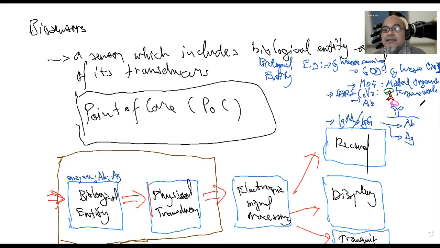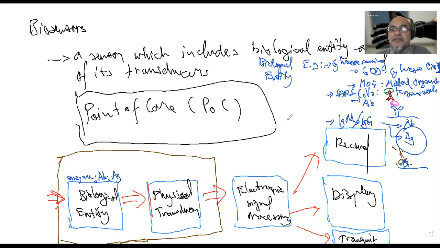We can immobilize the SARS-CoV-2 virus itself, the antigen, onto the biosensor, such that when the blood sample contains enough antibody, it will bind to this antigen, to the SARS-CoV-2 virus. Then you can have a secondary antibody that binds to this, so that the signal can be read. Okay. So biological entity can be anything of the biological world.